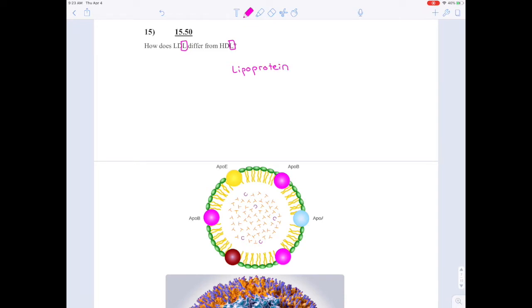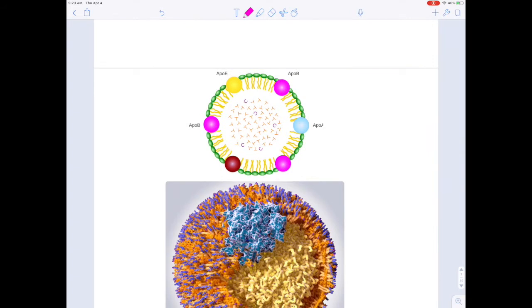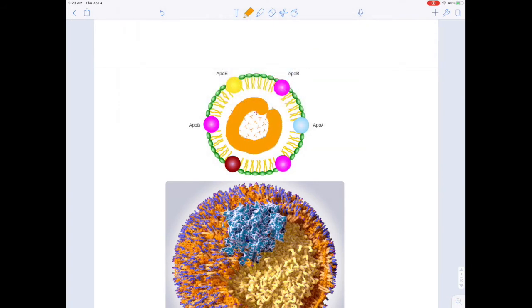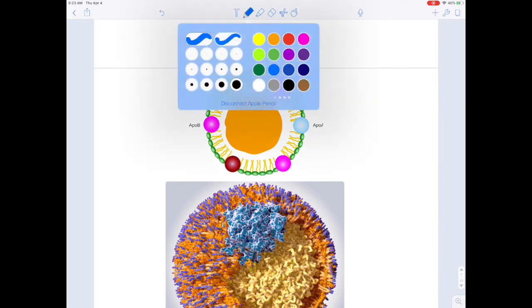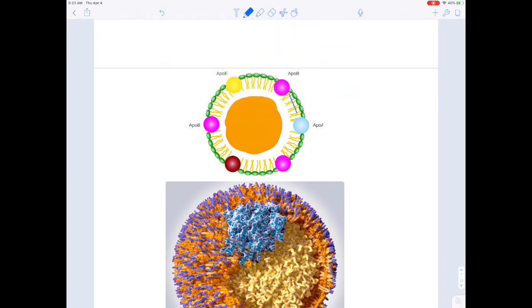And as we saw in Chapter 15, question 14, lipoproteins are little balls of oil, little droplets of oil here in the center that are surrounded by phospholipids whose heads are polar and whose tails are nonpolar, and that combination allows lipids to travel through a watery medium like blood.